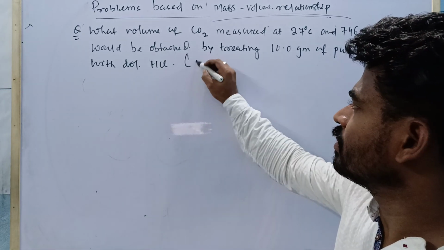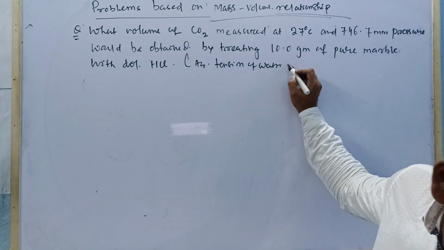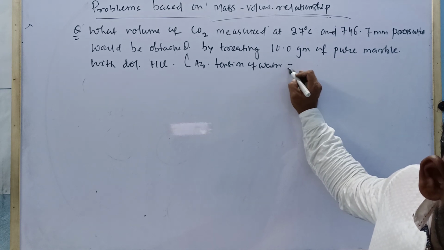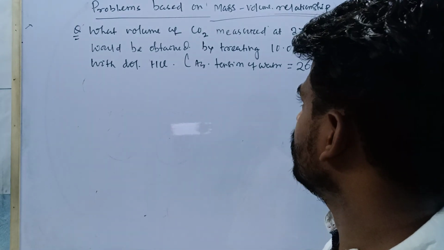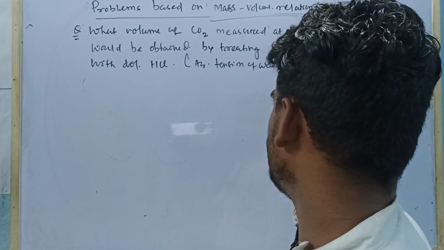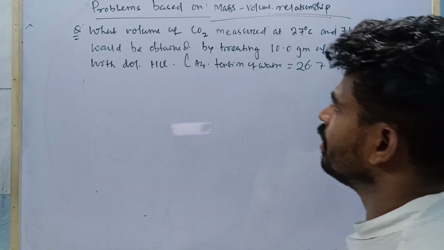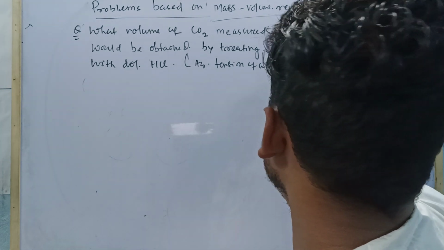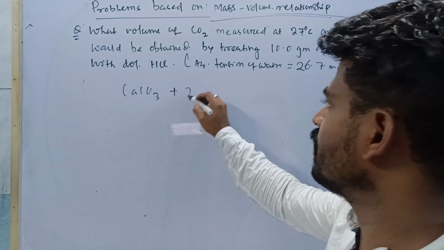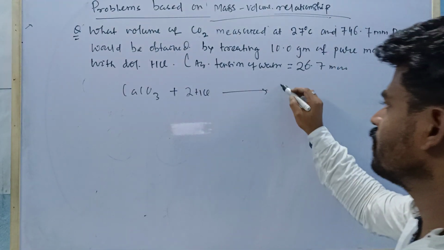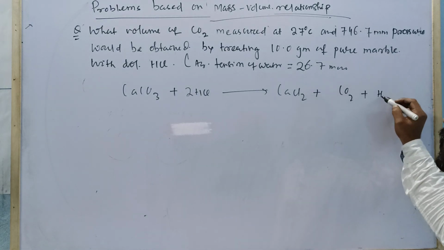The aqueous tension of water is given to you, 26.7 mm. Okay, so here you just write down the chemical equation, that is what volume of carbon dioxide measured at 27 degree centigrade and 746.7 mm pressure would be obtained by treating this much amount of marble, means calcium carbonate plus 2HCl gives CaCl2 plus CO2 plus H2O.